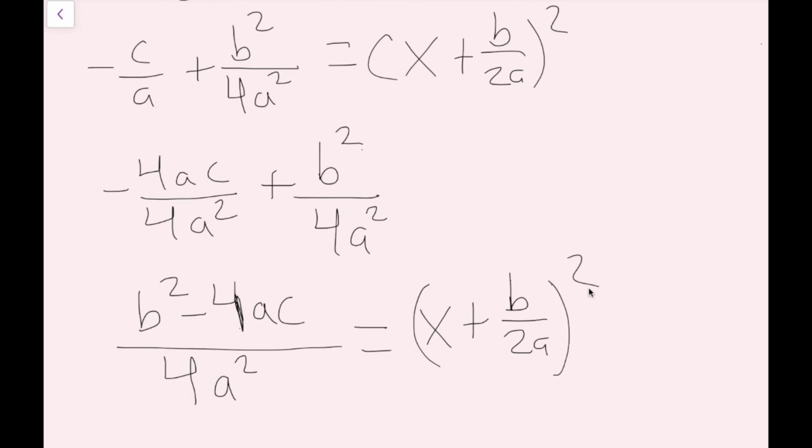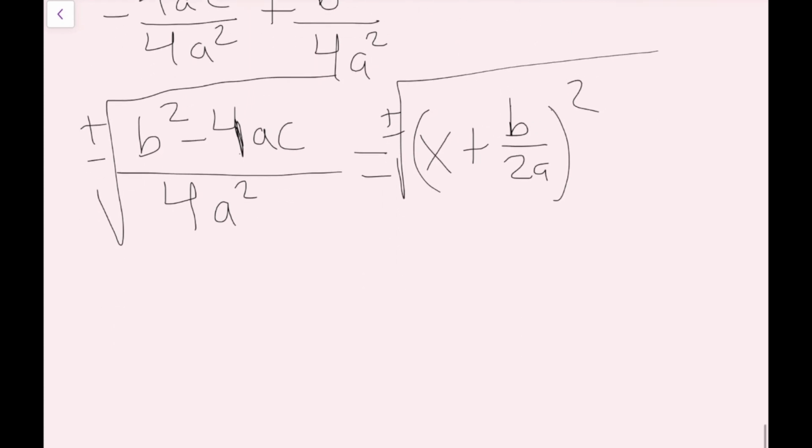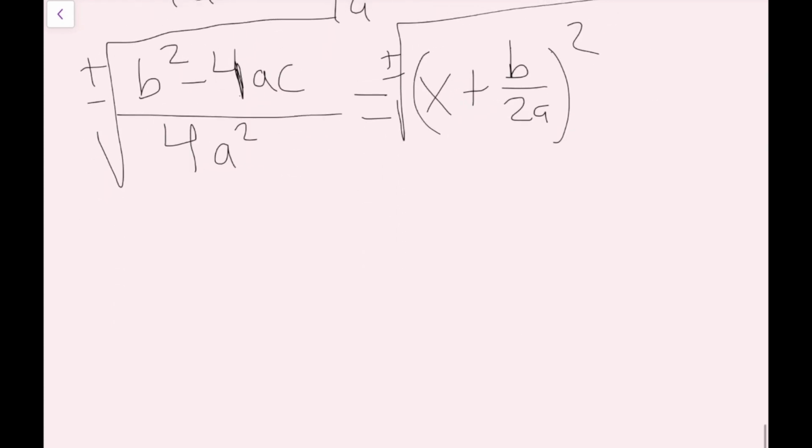Now to cancel out this square, I'm going to take the square root of both sides, both positive and negative. Really you only need to take the positive and negative square root of one of the sides, but I like writing it in for both because it helps me remember. So now this side cancels, so all I have left is x plus b over 2a.